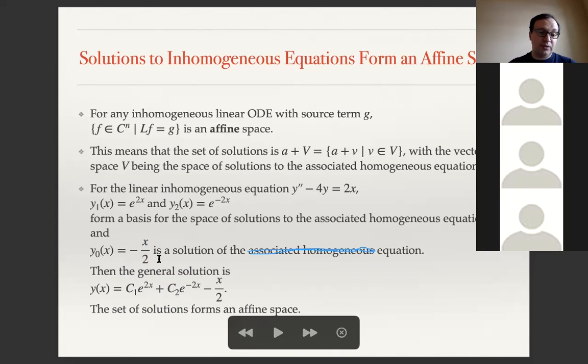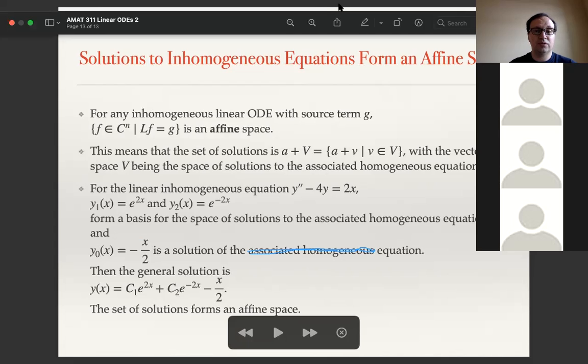So what would have happened if we had chosen a different particular solution? Clearly, this is the easiest one to find, and it's the most simple because all the other solutions will also contain exponentials. So this is what the general solution is here. But what if, instead of y0, we chose some other starting point? Let's see.